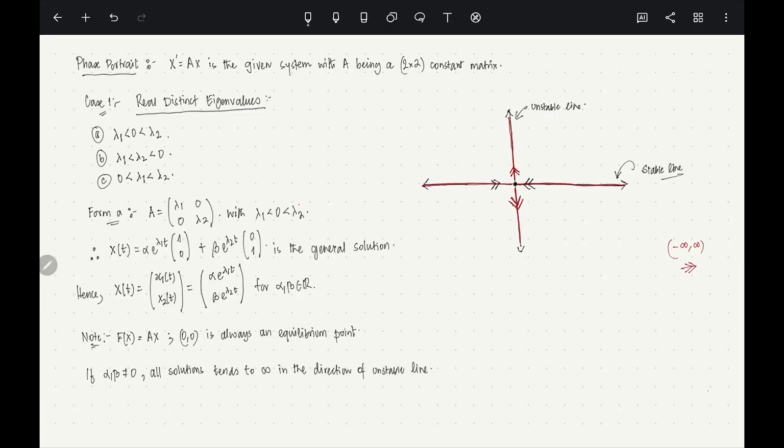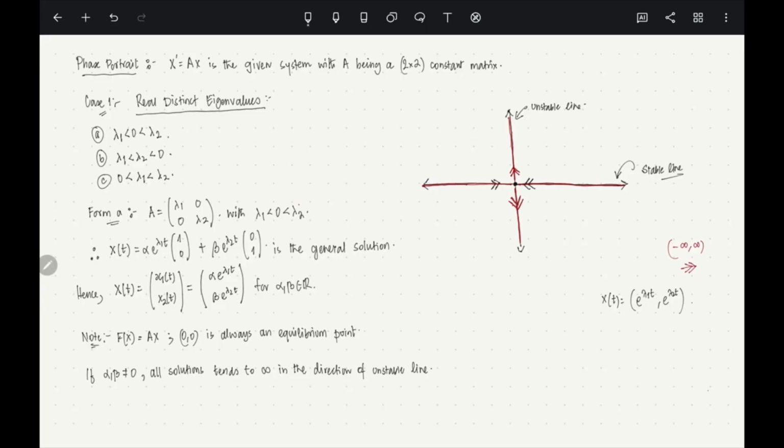See, let's write down x of t is e power lambda 1 t and e power lambda 2 t. Now let's say alpha and beta are non-zero. Let's just look at one trajectory. We're not really interested in all the trajectories, just one. If alpha and beta are 1 and 1, x of t should look like this.